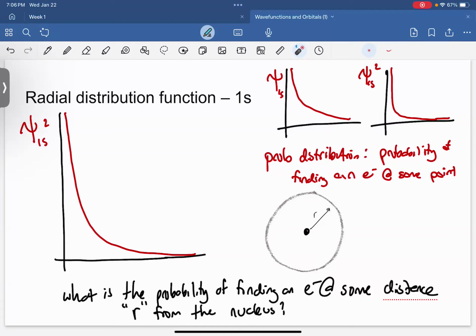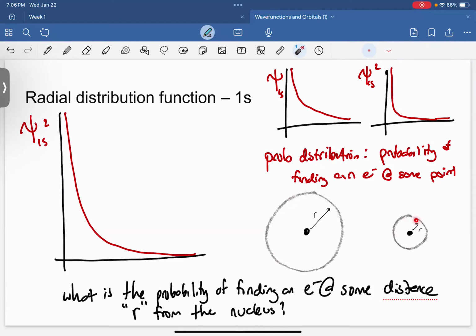And so to answer that question, we also have to consider that the surface area of this shell, how many points there are on this shell, is going to affect the probability, right? Because if I'm considering 2 different r's, and one of them is smaller, this shell has significantly smaller surface area than this shell.